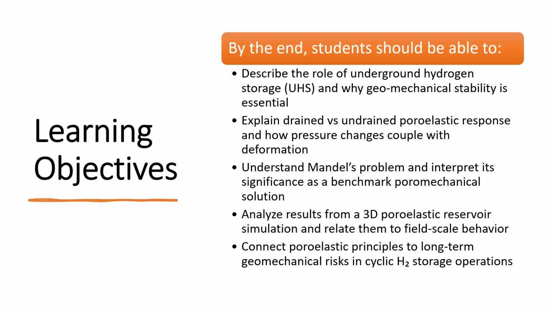So we'll highlight the operational and safety motivations for ensuring geomechanical stability throughout cyclic injection and withdrawal. Next, we'll distinguish between drained and undrained poroelastic behavior, because this understanding is crucial, because pore pressure changes during injection and production are strongly coupled with rock deformation.